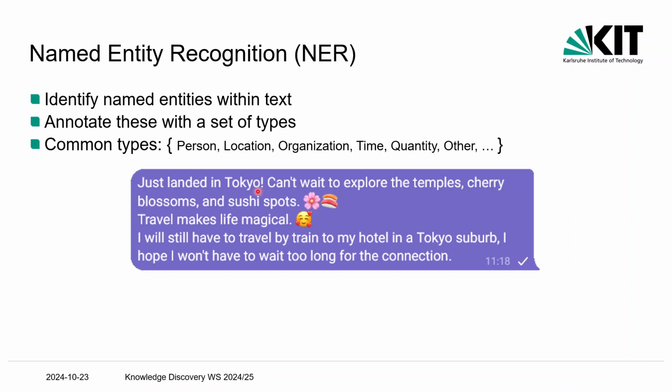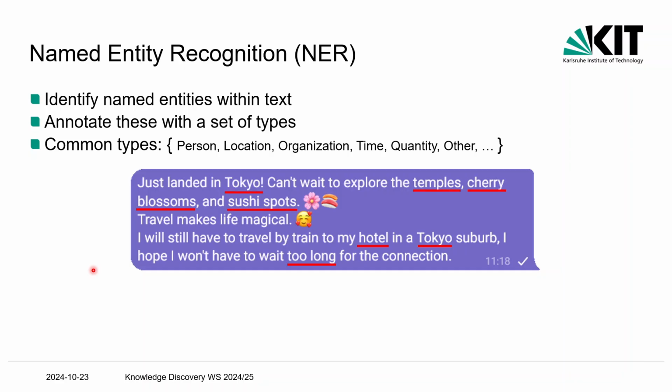Somehow technically possible, because you could say, oh, it's a moving location because the person is moving around, but that's a bit more wonky. So people are still trying to work on, let's say, this more basic approach to it. So the idea is we have this input text. Now then we want to identify named entities within this text.